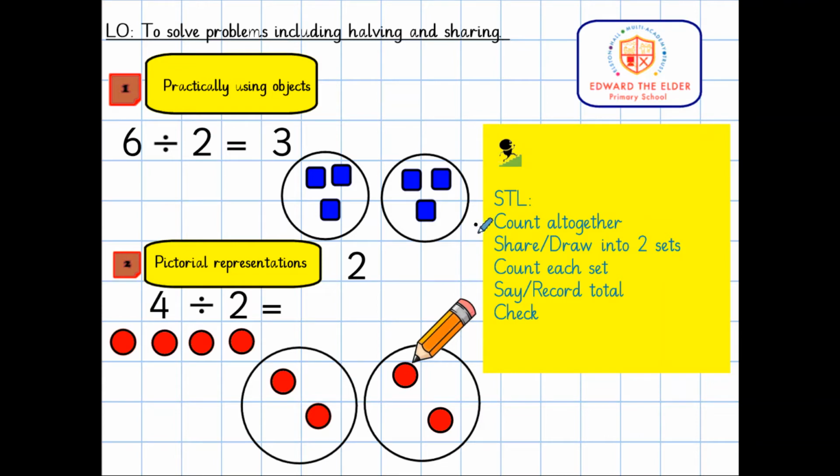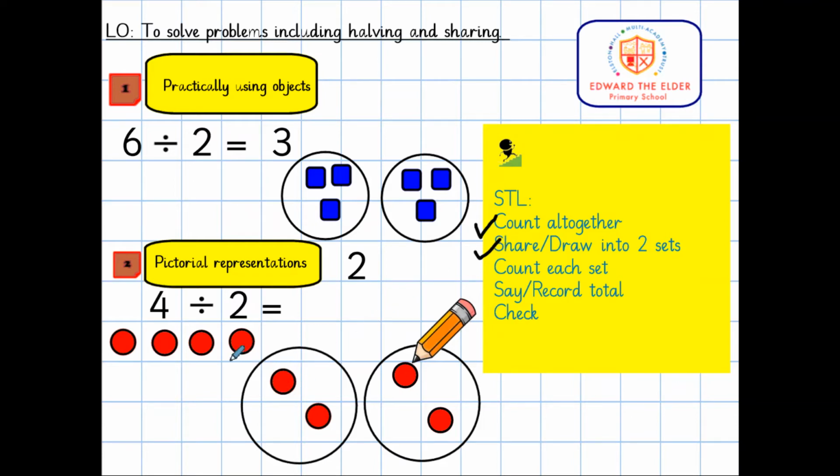Number 1, count all together. 4 divided or shared by 2 equals. 4, 1, 2, 3, 4. Step 2, draw or share the objects into 2 sets. We are dividing by 2, so share the objects equally, drawing and crossing them off as we do so.